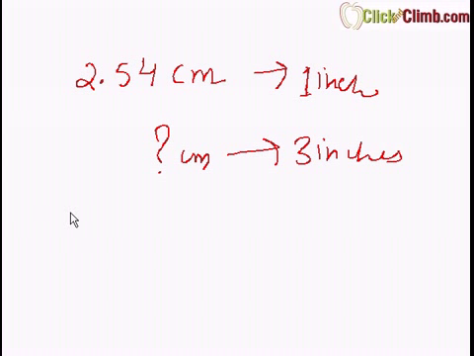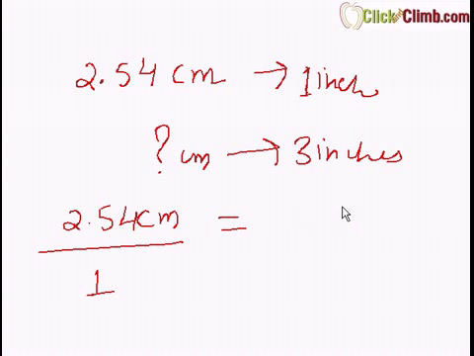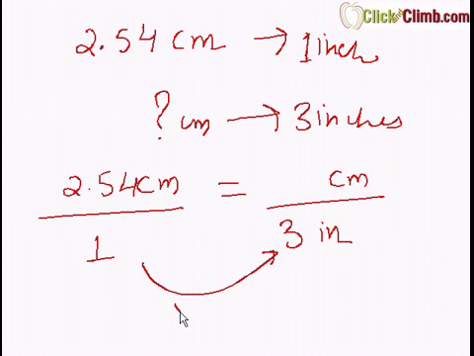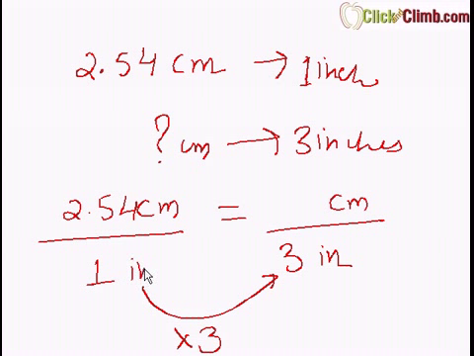So we'll just write it as a ratio: 2.54 centimeters in 1 inch. This becomes a ratio. Now I don't know how many centimeters, but in 3 inches. So how will I make 1 into 3? I'll just multiply this by 3, so it will become 3 inches.